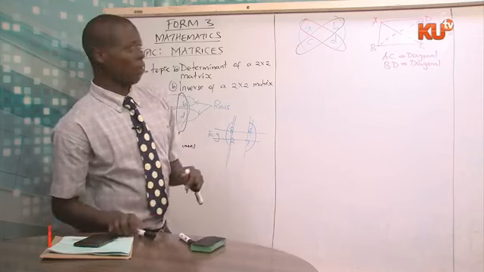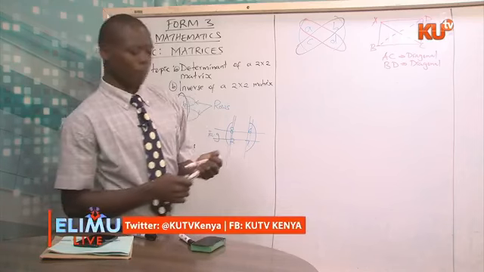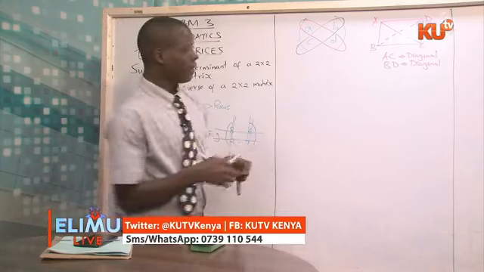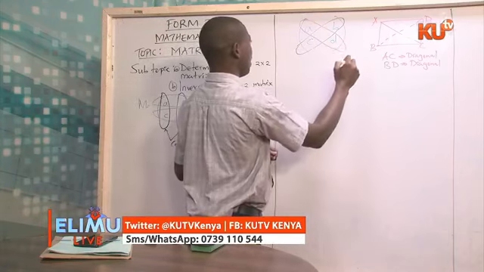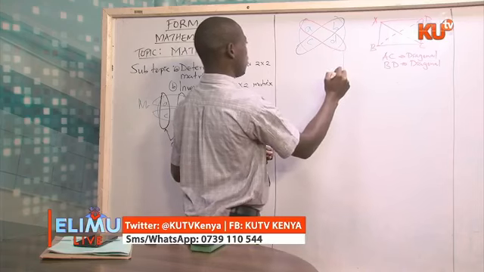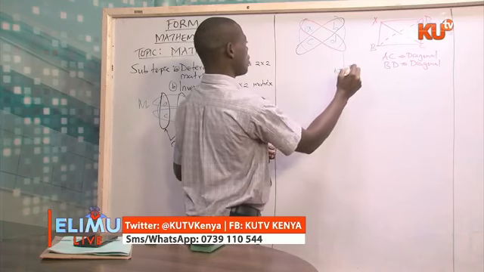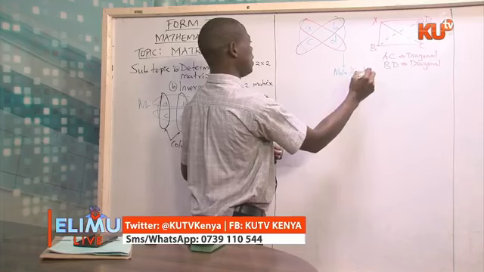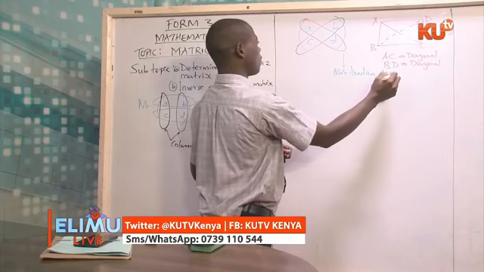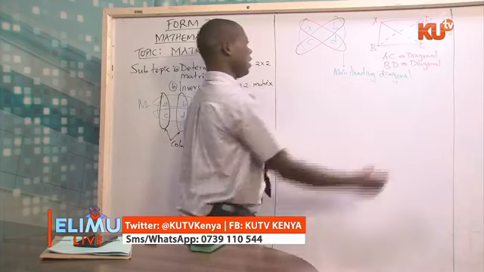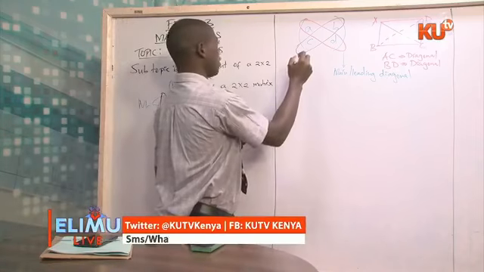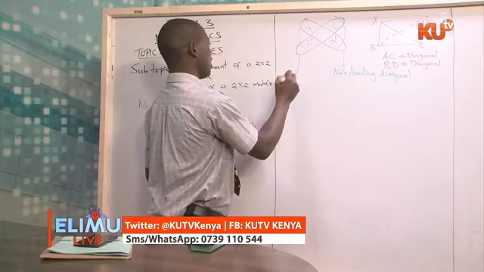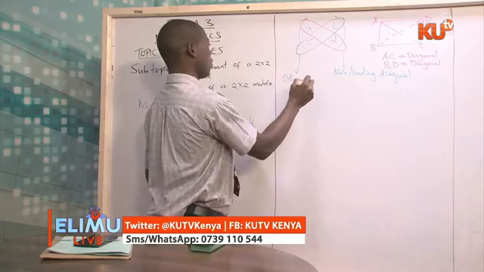So how do we refer to these diagonals in matrices? The diagonal running from the left to the right is what we call the main or the leading diagonal. And the other diagonal is referred to as the other diagonal.